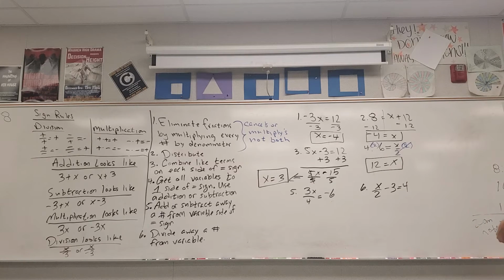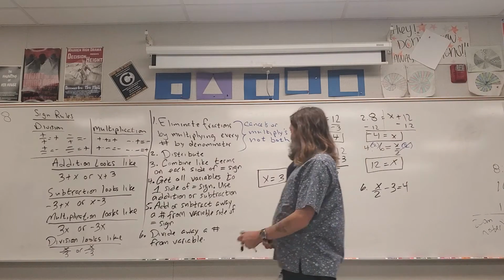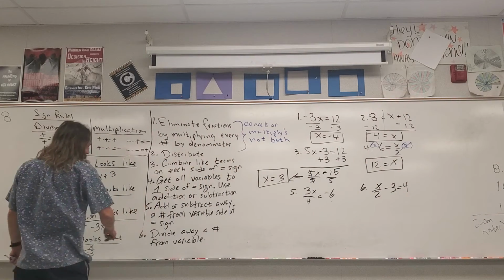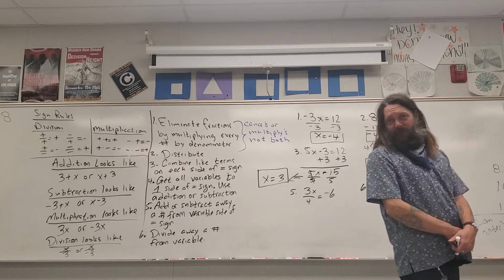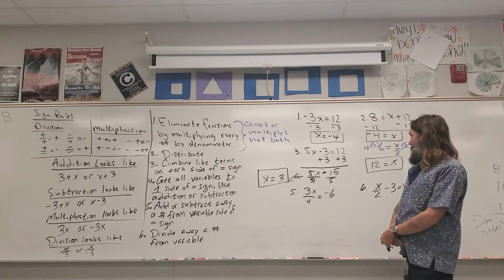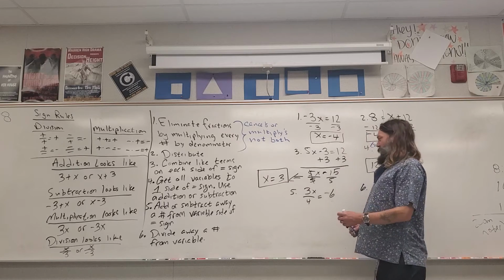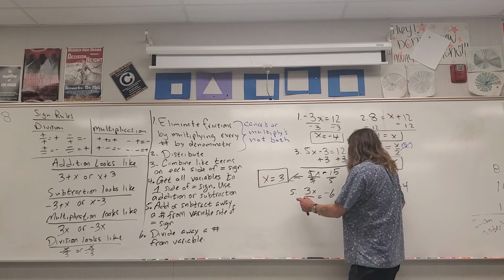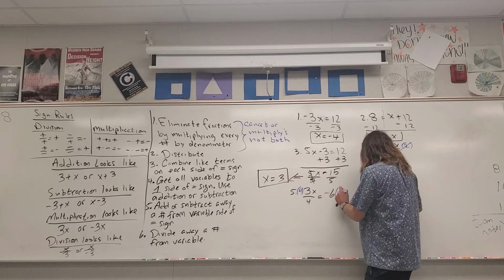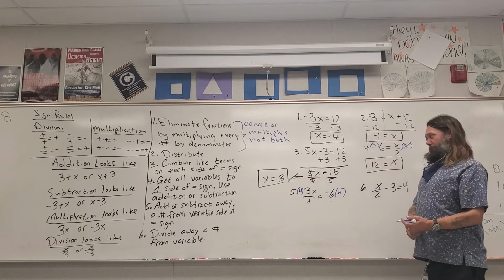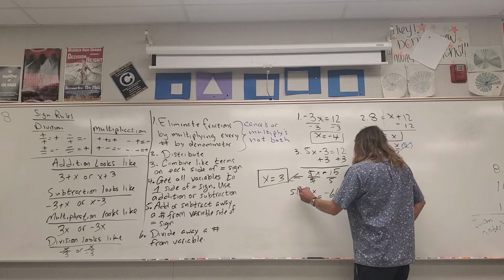Problem number 5. Again, it can only be steps 1, 5, or 6. And so I do have a fraction. I'm going to multiply everybody by the denominator. Remember, it cancels or multiplies, but not both. So I'm going to multiply everybody by 4. That cancels.